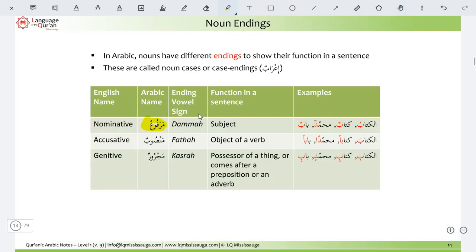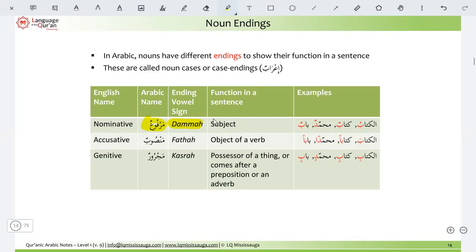How will we know that this noun is in marfu form, in the nominative case? The ending vowel sign will be dhamma. If there is a dhamma on the noun ending, it is in the nominative case.